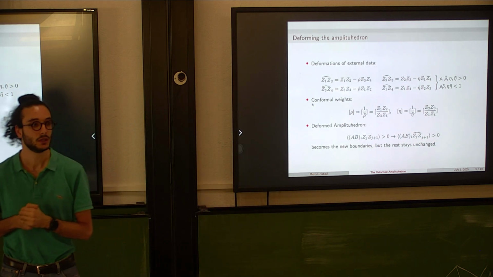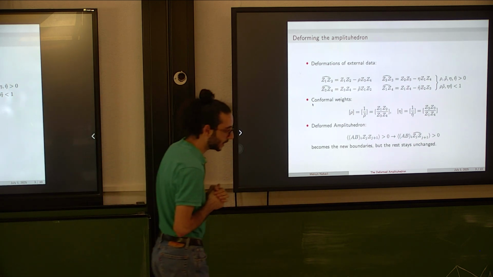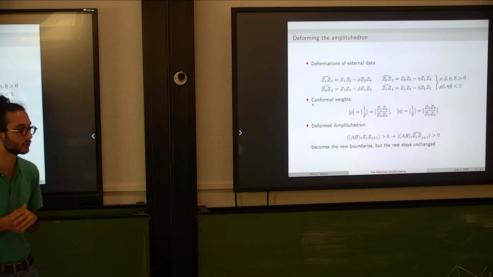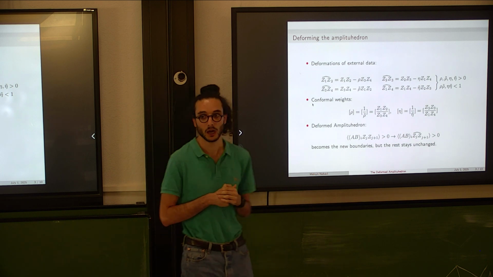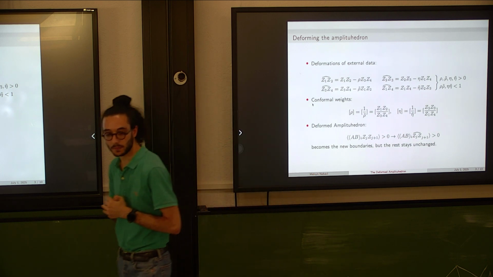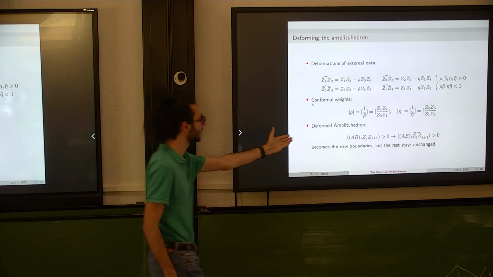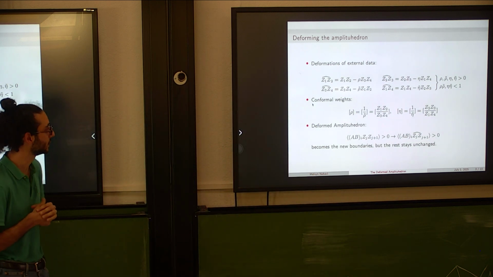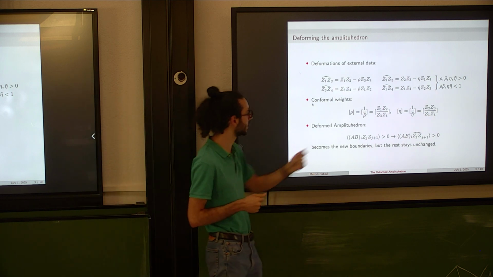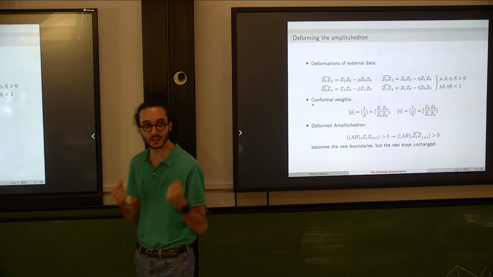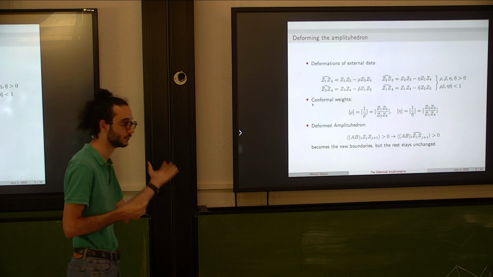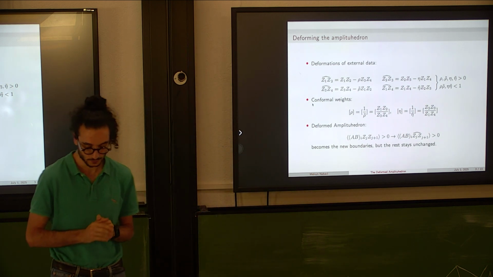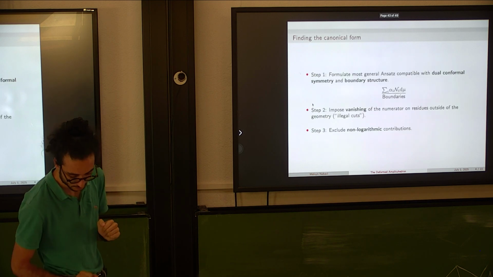So if I formulate an ansatz for my canonical form on this space, the most general dual conformal invariant ansatz, then by introducing these deformation parameters we are adding new terms that can appear in our bootstrap. This leads to a lot of complexity in trying to fully fix all the coefficients, and that's the main difficulty we encounter in really fixing the form from this ansatz.